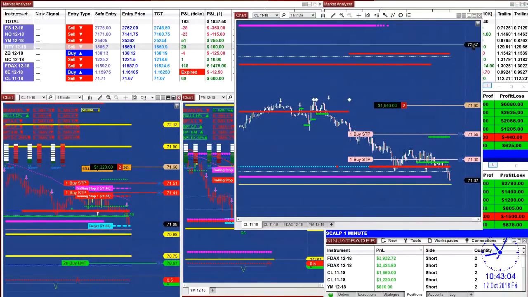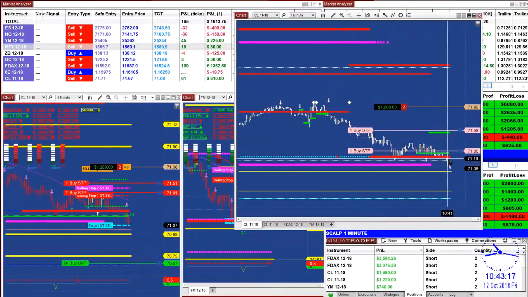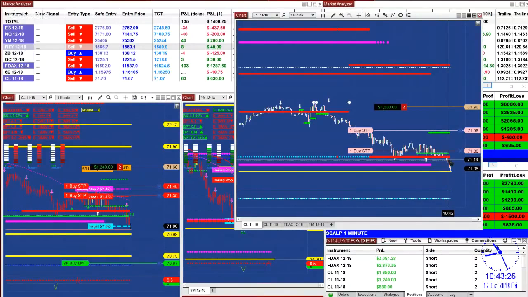Today is a Friday, it could be all the way down to 70.67. So if there's any pullback right now on the CL, it is going to be rejected at 71.19. This is a really serious number here, the 71.18, followed by heavy resistance at 71.21.